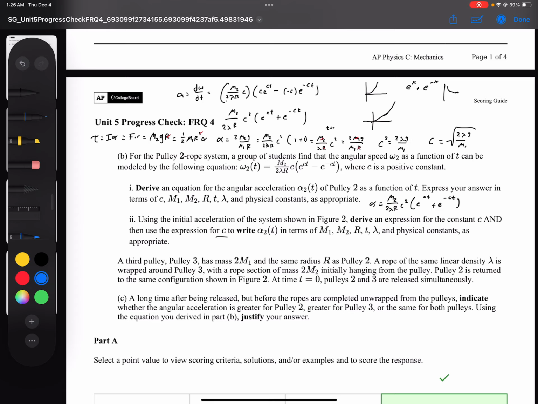Well, the lambdas cancel out, the 2's cancel out, so I get m2g over m1r, right?